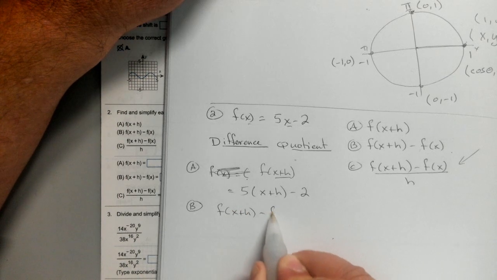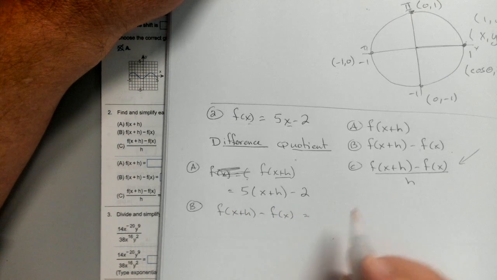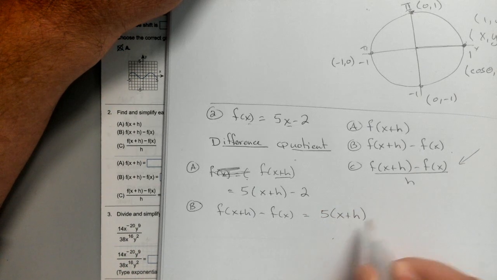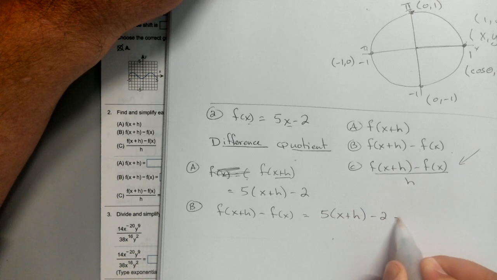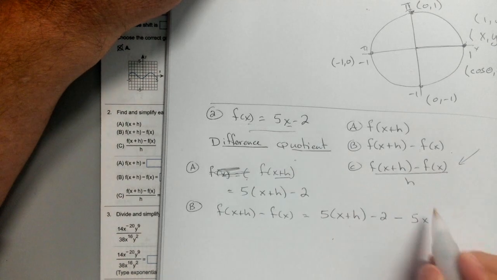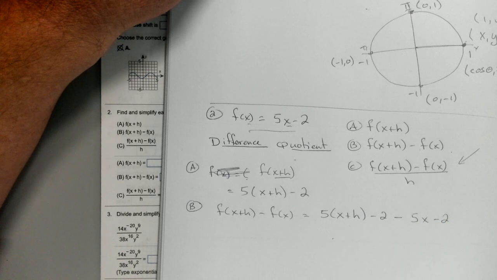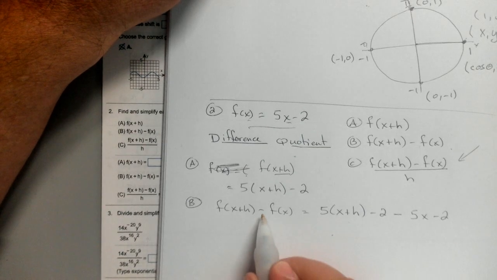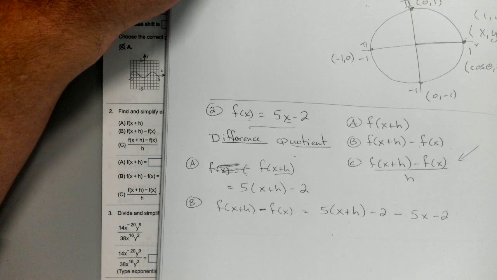F of x plus h minus f of x. It's 5 times (x plus h) minus 2, minus f of x, the original function. Is that right? That's all it's asking us to do, put that together.